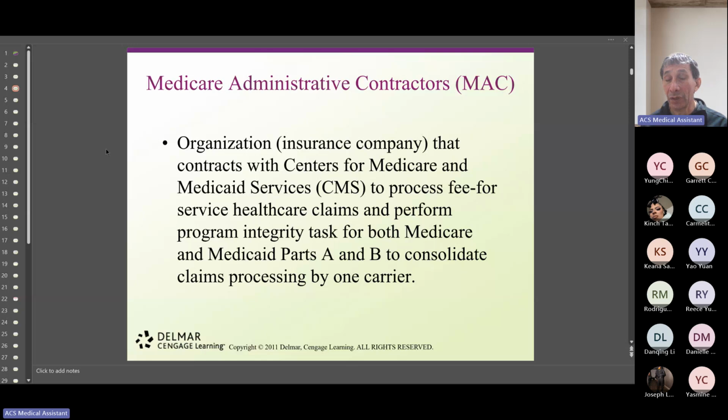You're going to get Medicare after you reach 65 years of age. Medicaid applies for any individual at any age. The only difference is that you have to have low income or no income.